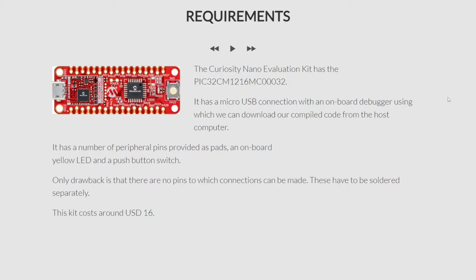I'm back in my presentation, and as I said, I hope you also took the time to check your local region, wherever you are, for local distributors of electronic components, and you found somebody who can supply this same Curiosity Nano evaluation kit. But the most important thing too is make sure that it has this PIC32CM1216MC00032, right?